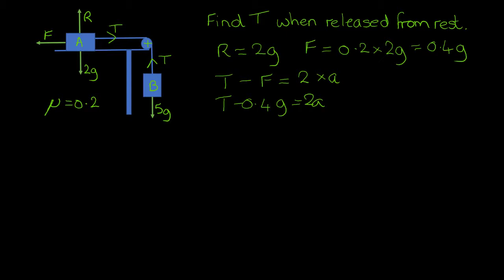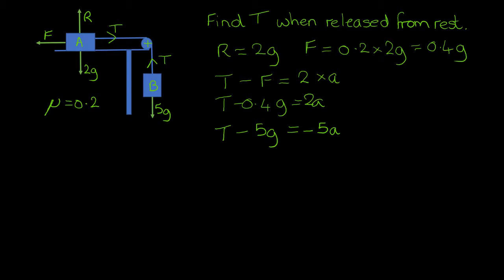Now again, we don't know what that acceleration is, so we're now going to focus on particle B. In terms of particle B, it will have the same acceleration, and this time we've got T minus 5g, because it's got the weight acting upon it, not friction, and that will equal minus 5a, because it's in a different direction. So now again, we want to find out what T is, so we need to eliminate the A.